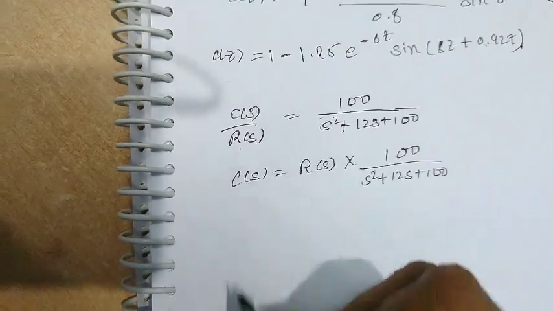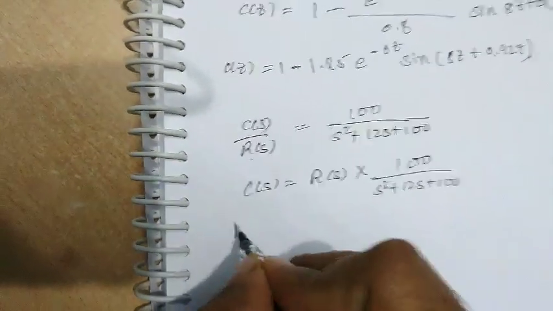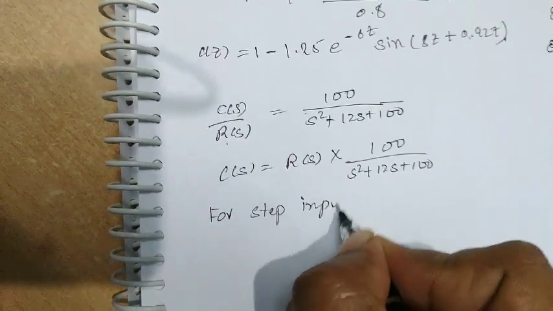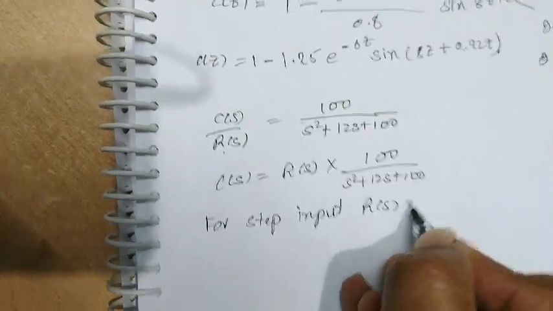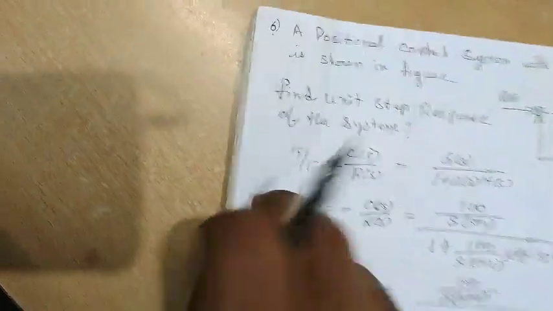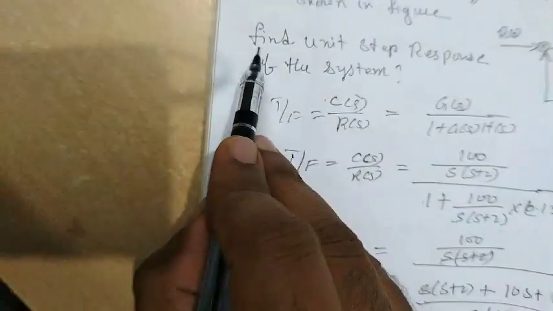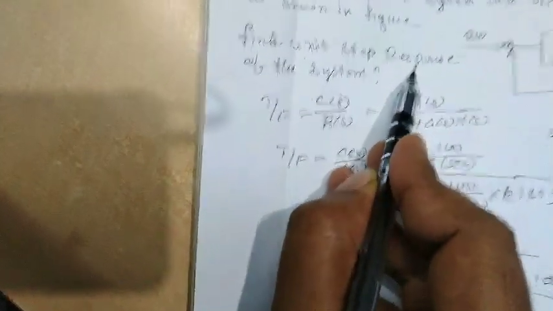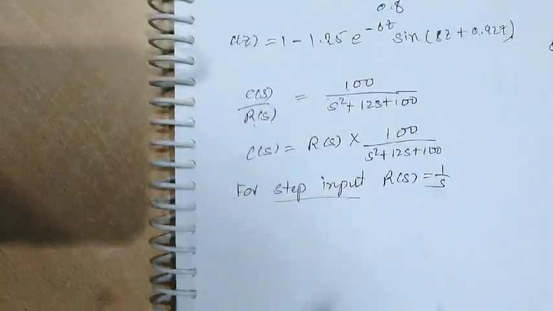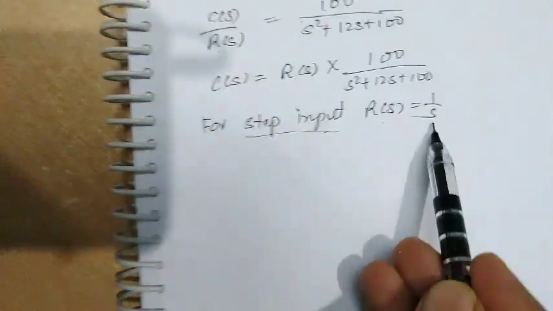For step input, R of s is 1 by s. Why are we considering step input? Because in the question they asked to find the unit step response. So R of s is 1 by s.